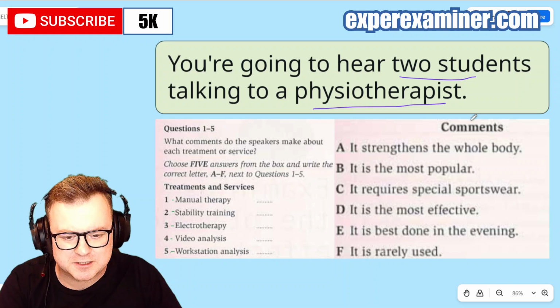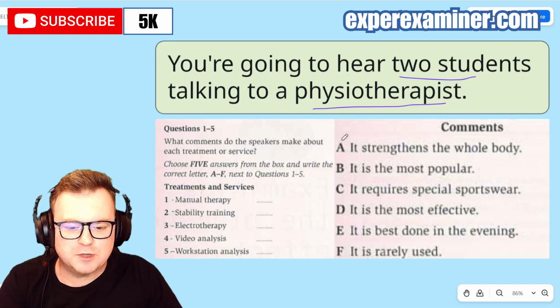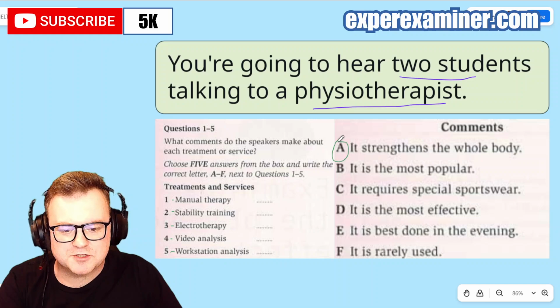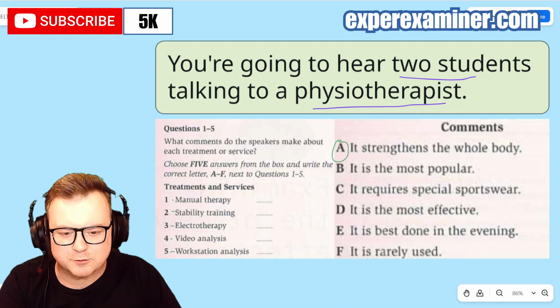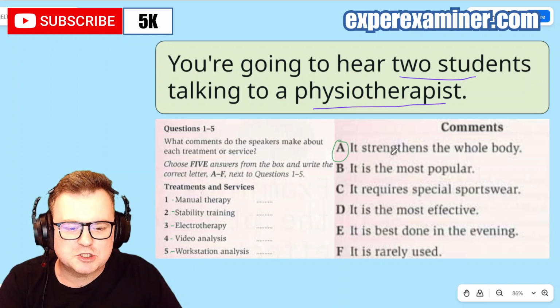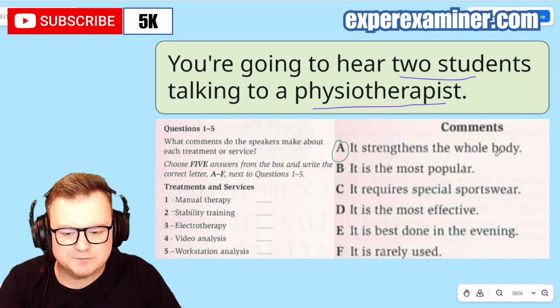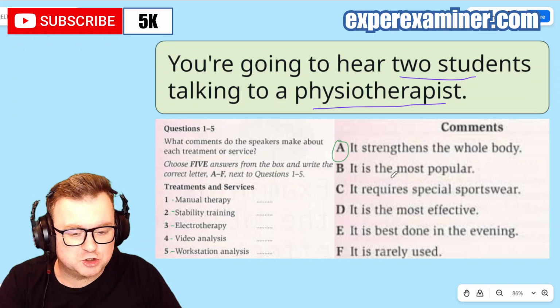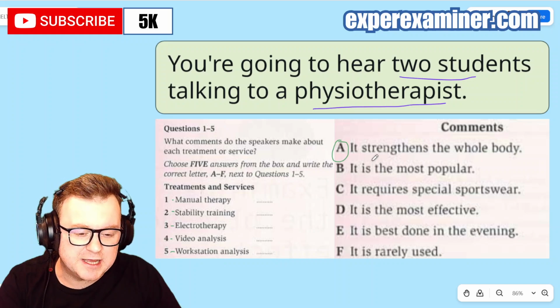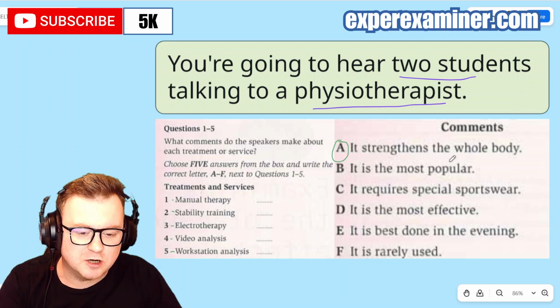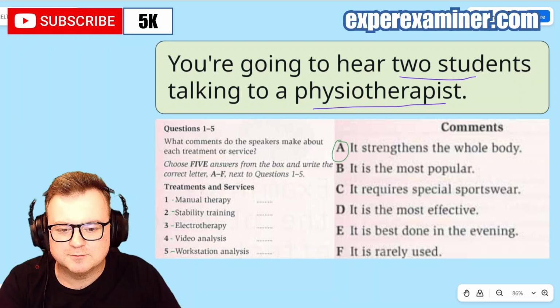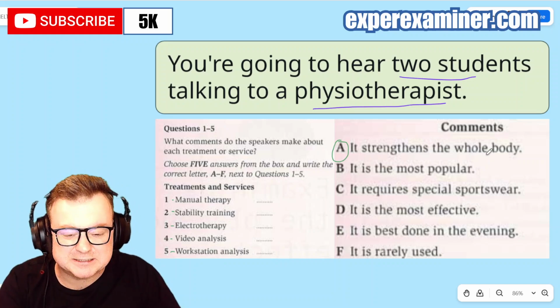I'm going to do A as an example, then I'll ask you to do the others, and then I will do the remaining ones. So, it strengthens the whole body. This treatment makes your legs, your back, and your arms much stronger. That's a decent paraphrase.